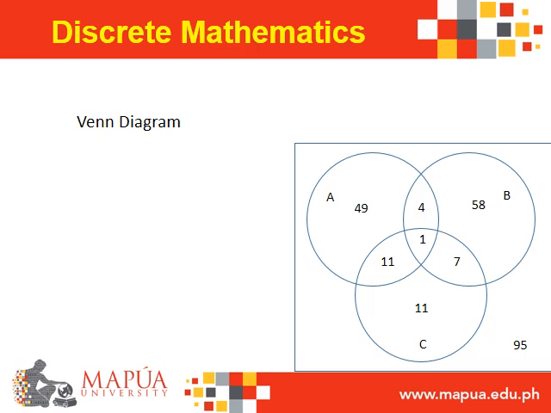In evaluating letter B now, wherein we're asked to determine the number of students who had exactly one excuse, they are these students who belong to this region, the 49, this region, the 48, and this region, the 11. And if we sum them up, you would end up with a total of 118.